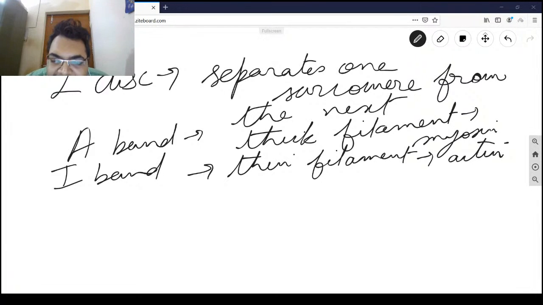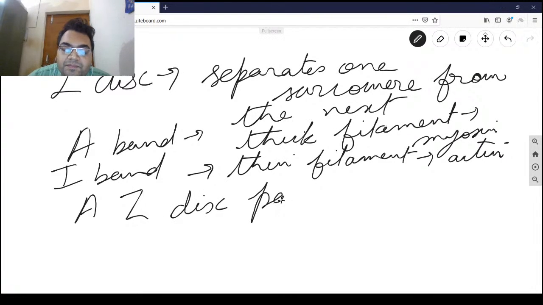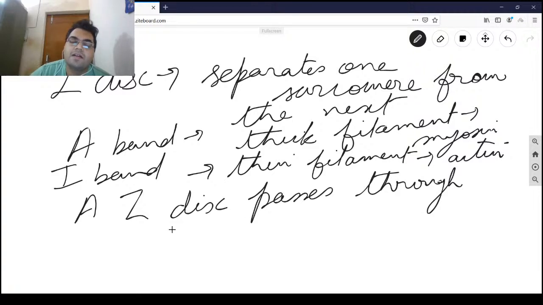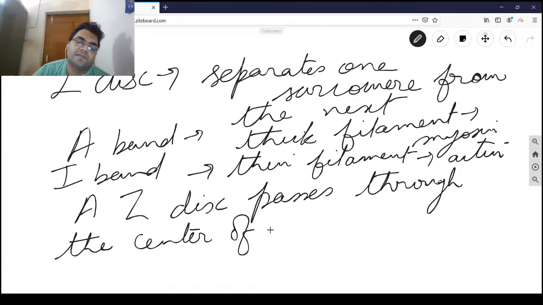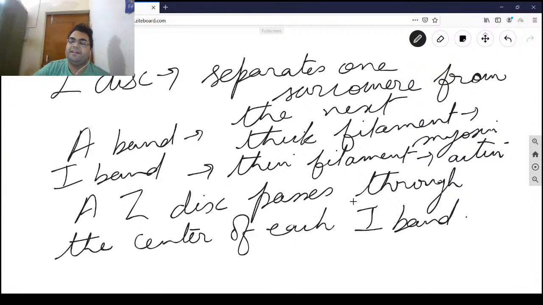And a Z disc passes through the center of each I band. Always remember, the Z disc passes through the center of each I band. Very important NEET question.